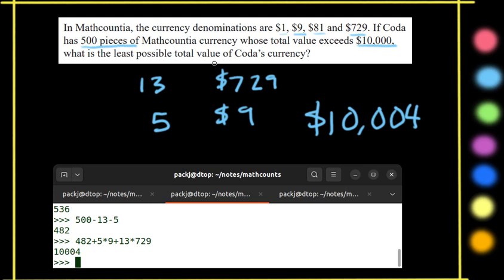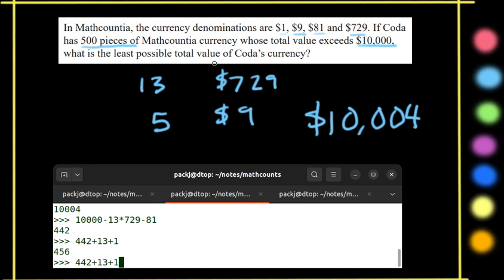Because if we had done our 10,000 minus 13 $729 bills minus an $81 bill, that would have only left us with 442 $1 bills to get up to 10,000. So 442 plus 13 of the big ones and one of the others would be only 456 pieces of currency.